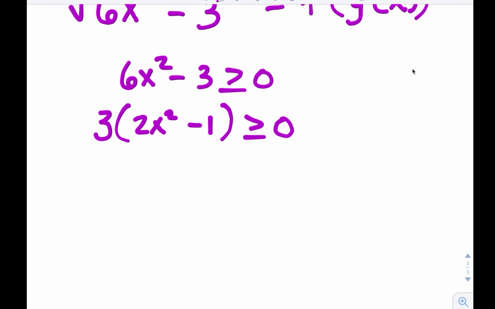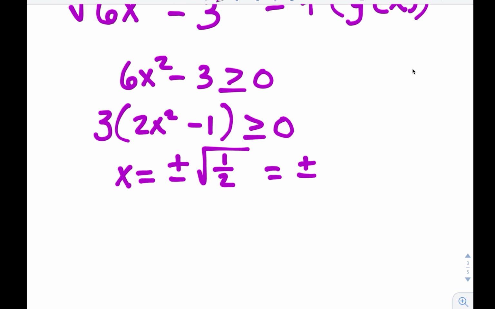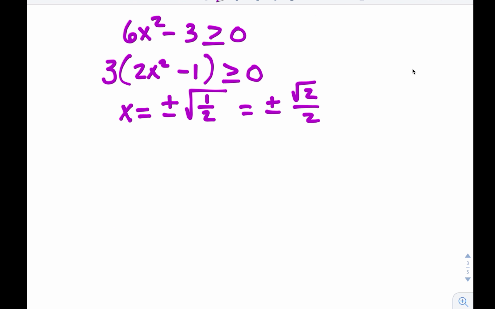All right, so that's going to leave me with x equaling plus or minus the square root of 1 over 2, which is the same thing as the square root of 2 over 2. All right, so I'm going to just test around that.